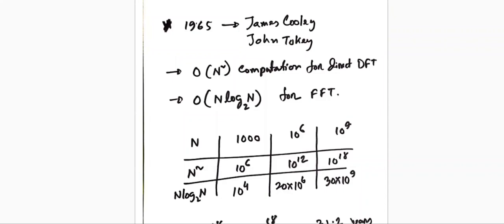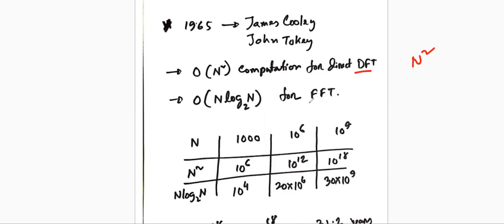Before that, if we have N samples, in conventional DFT we need on the order of N squared multiplications.